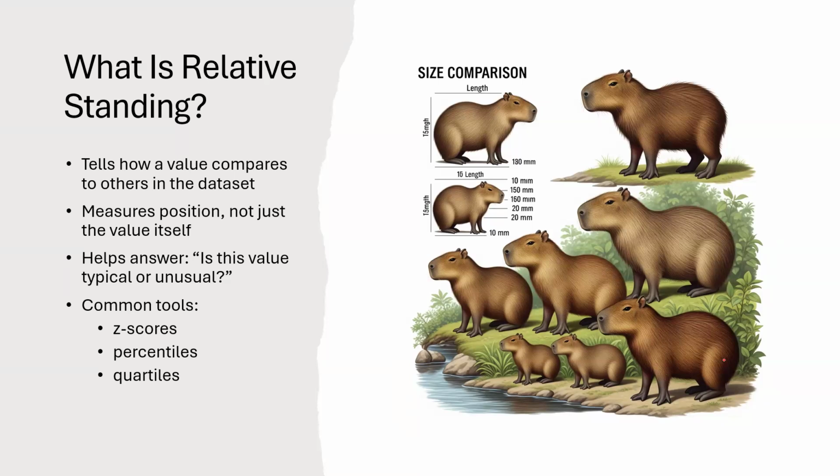Is this result surprising? These ideas show up everywhere: standardized tests, health reports, income rankings, credit scores, anywhere we compare individuals to a broader population. We'll focus on four major tools: z-scores, percentiles, quartiles, and the box plot.